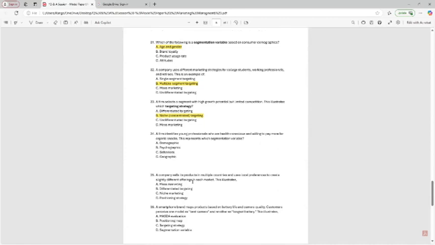This represents which segmentation variable? Demographic, psychographic, behavioral, geographic. So what is the best segment? A firm identifies young professionals who are health conscious and willing to pay more for organic. Health conscious.